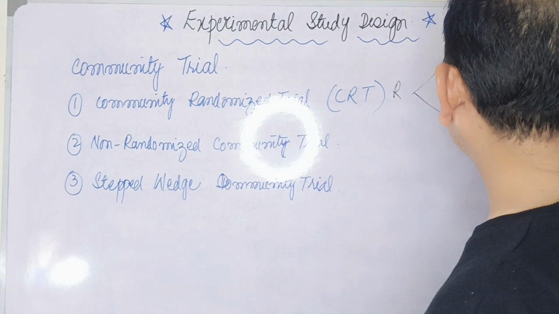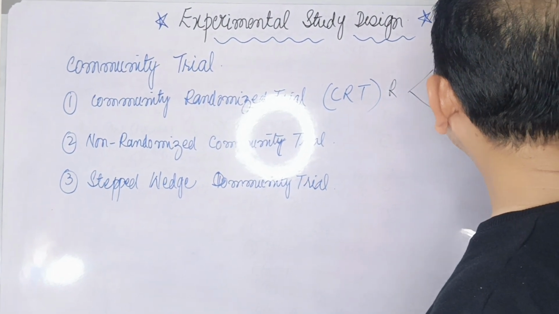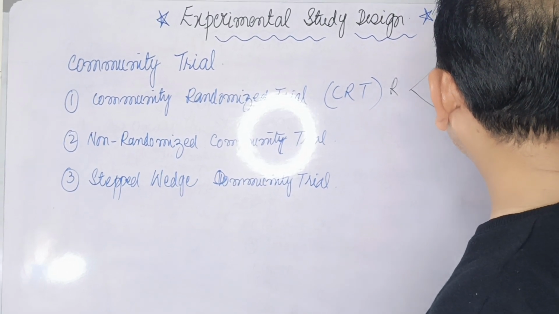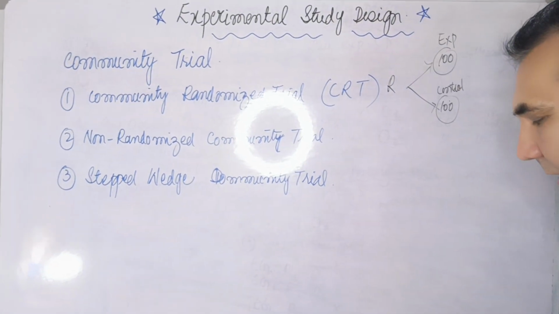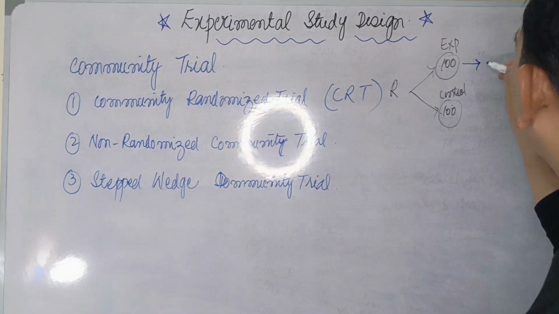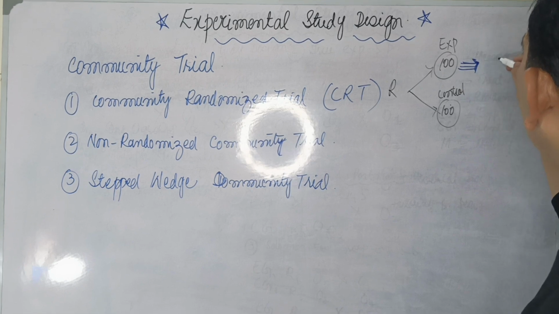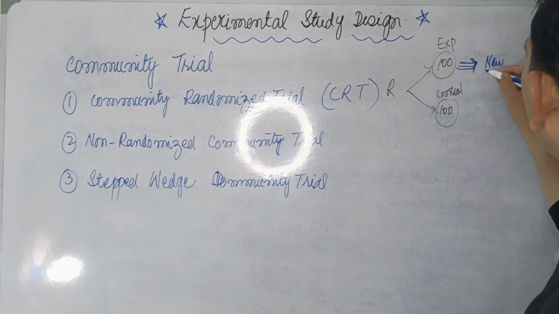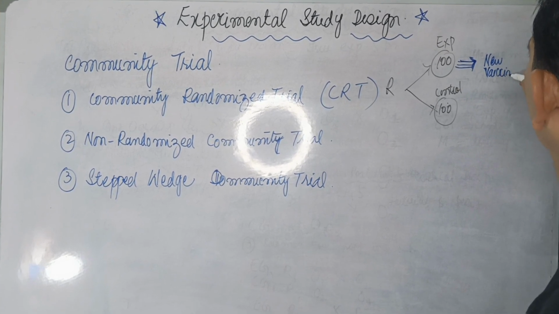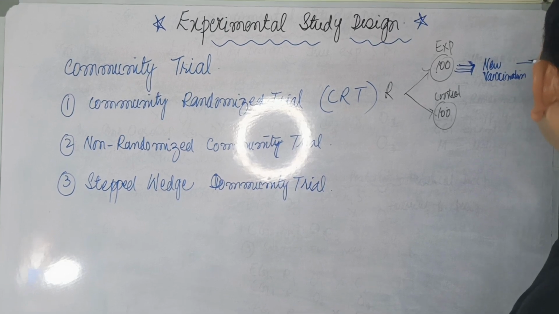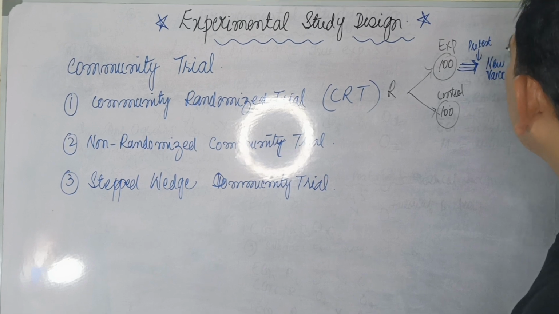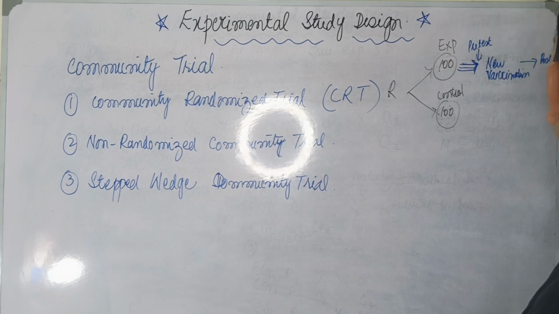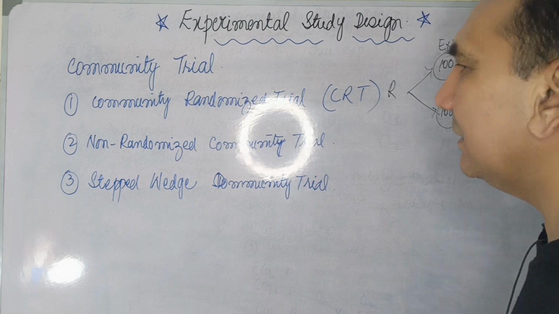100 people in the experiment group and 100 in the control group, and he gave the new vaccine, and then he took the pre-test, maybe a diagnostic test, and after the new vaccine he did the post-test diagnostic test and saw the result.